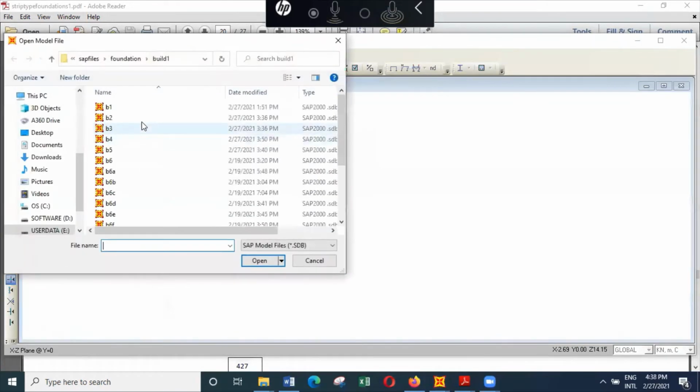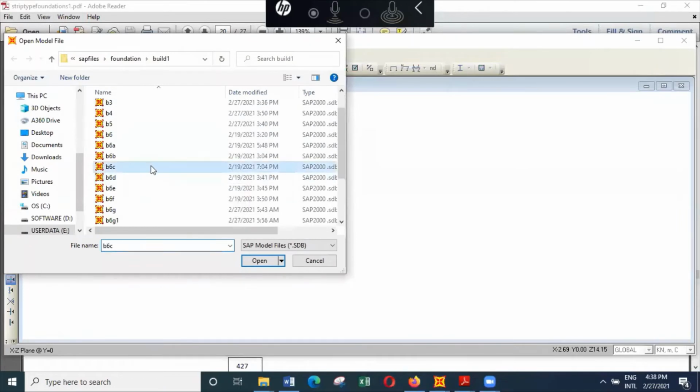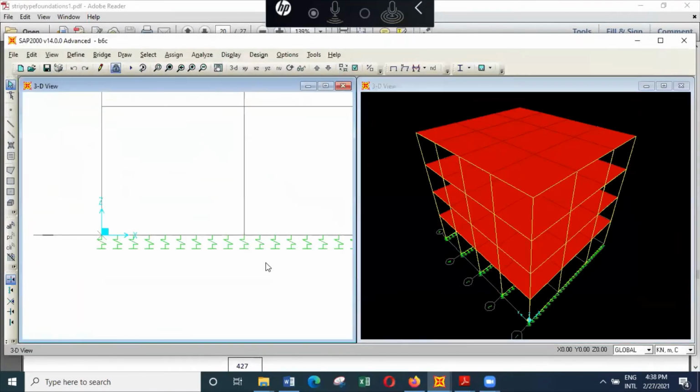I'll open the model that I have used earlier, that is 6C. It's already analyzed.